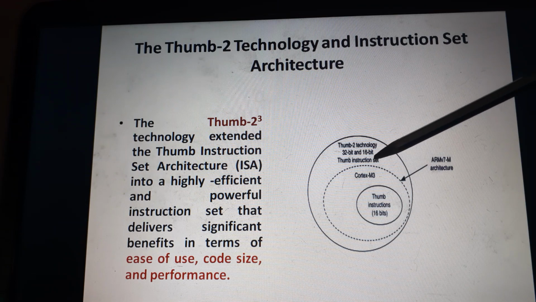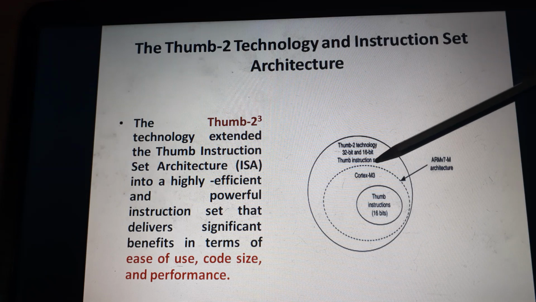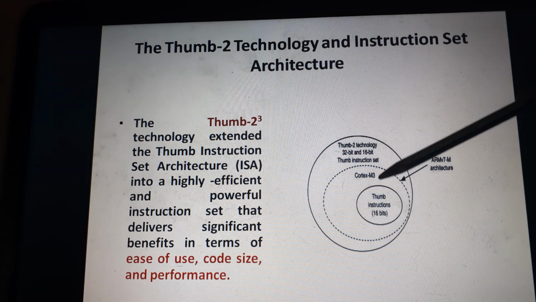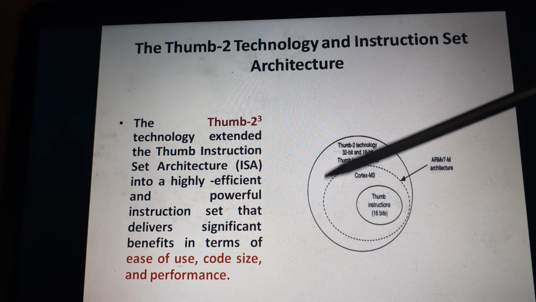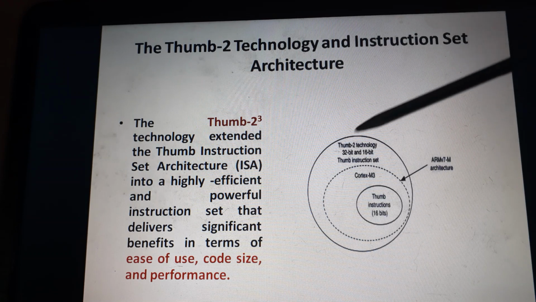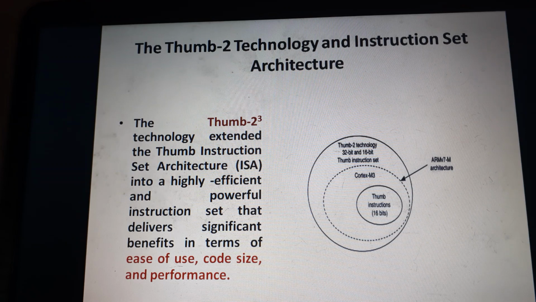And in the 16-bit Thumb instruction set, it consists of a few more newly added 16-bit Thumb instructions, along with the traditional Thumb instruction set. So Thumb-2 technology consists of the 16-bit Thumb instruction set as well as 32-bit Thumb instructions.